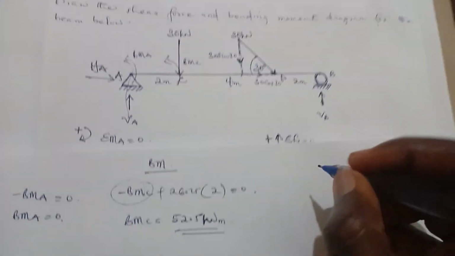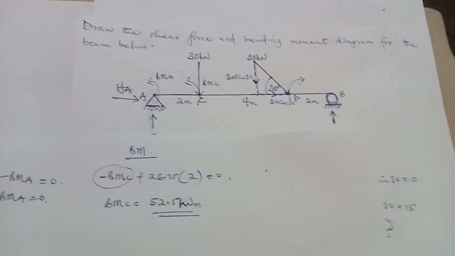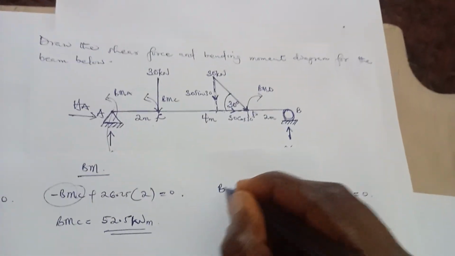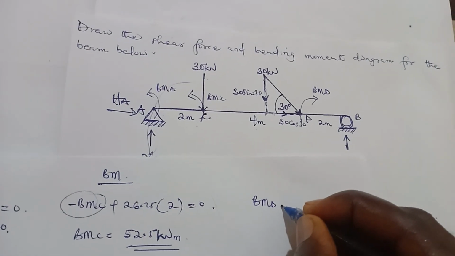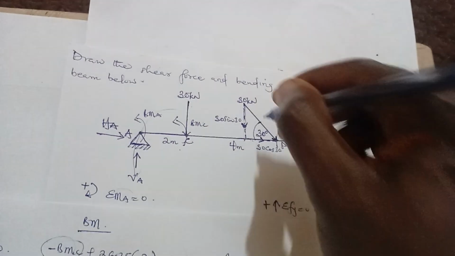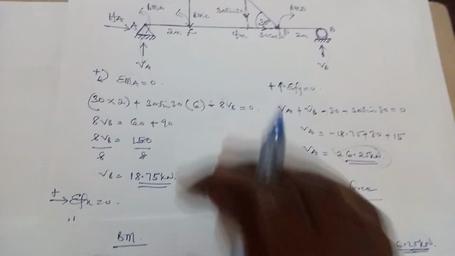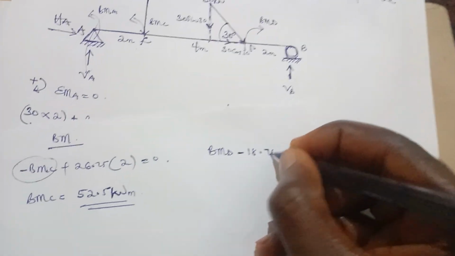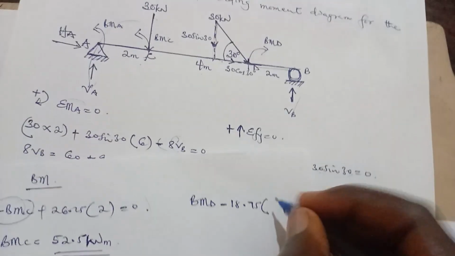And now the bending moment at D. So that one, let's take our right because when we take our left, we'll do a whole lot of calculations. BMD clockwise. BMD is moving in the clockwise direction. So BMD, VB will cause an anti-clockwise. That's going to be minus VB is 18.75, 18.75 multiplying perpendicular distance to D, that is 2.